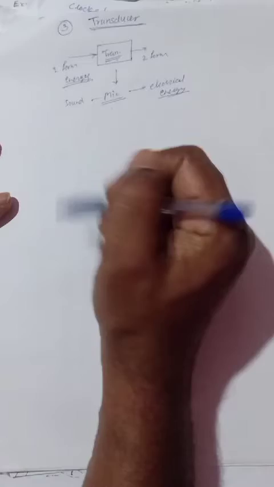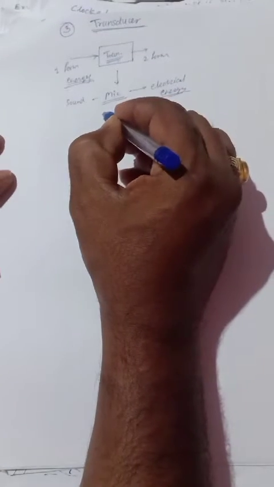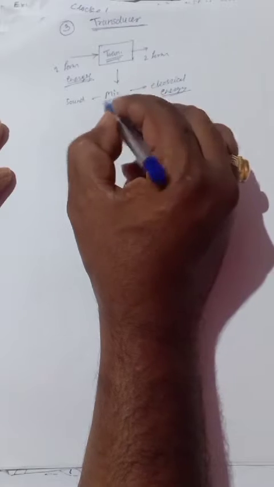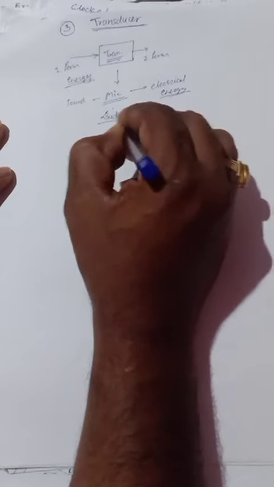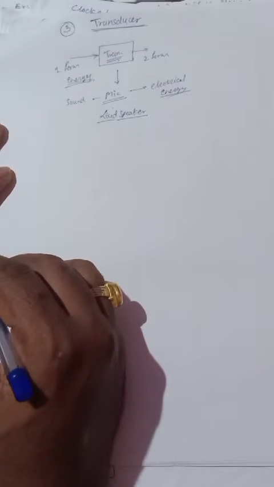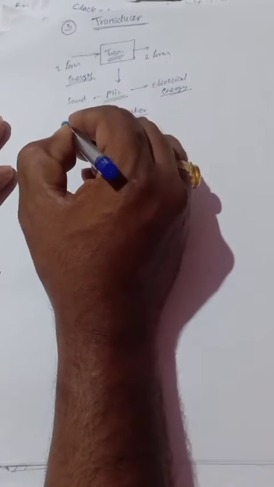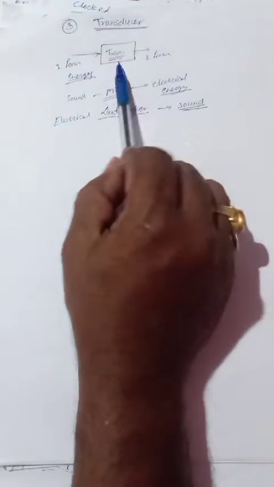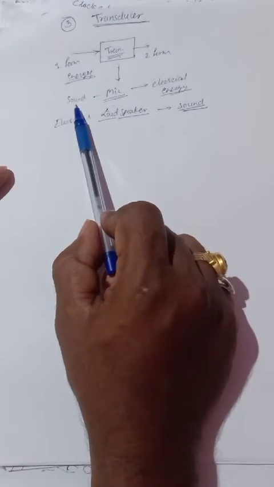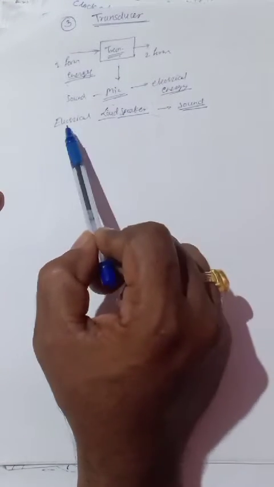The speaker, the loudspeaker, is also one type of transducer, which converts electrical energy into sound energy. So a transducer is nothing but something which converts one type of energy into another type. Mic converts sound into electrical energy, loudspeaker converts electrical energy into sound energy.